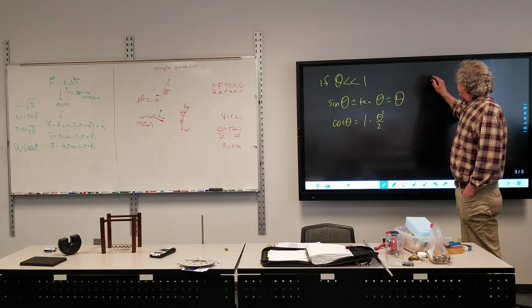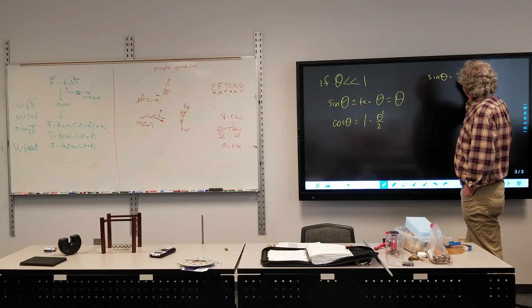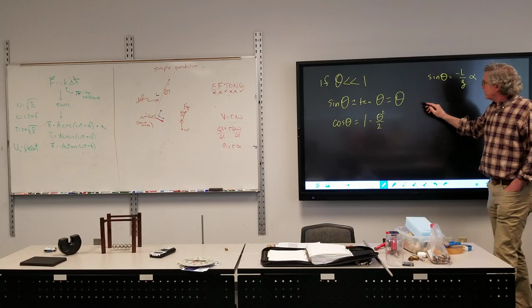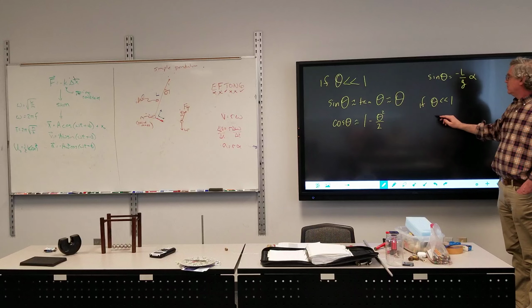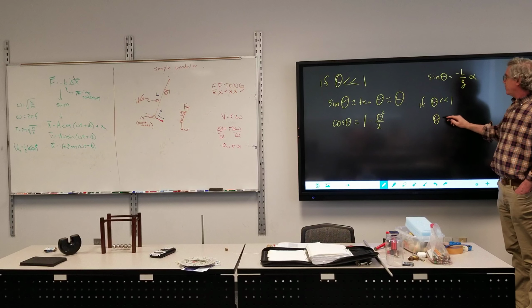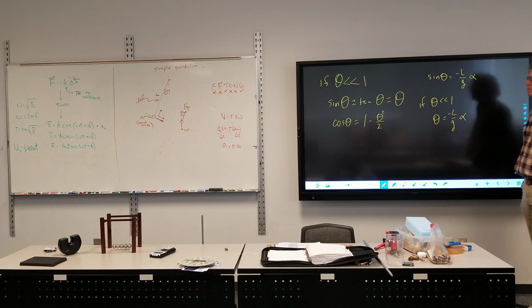So our equation that we had is sine of theta is equal to negative L over g alpha. So if we are dealing with a small initial angle, then we end up with theta being equal to negative L over g times alpha.